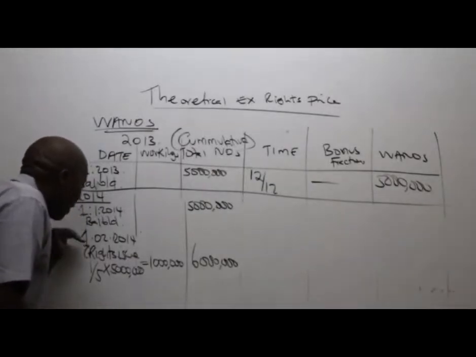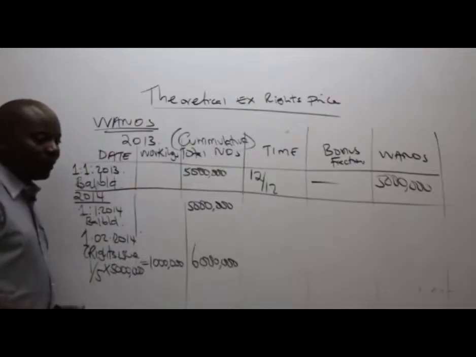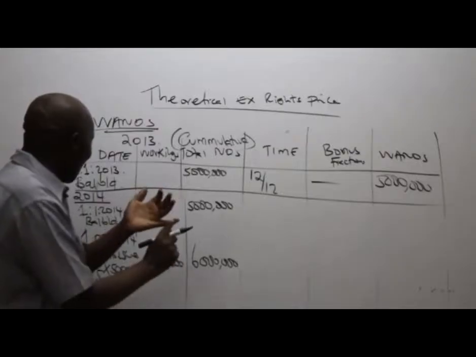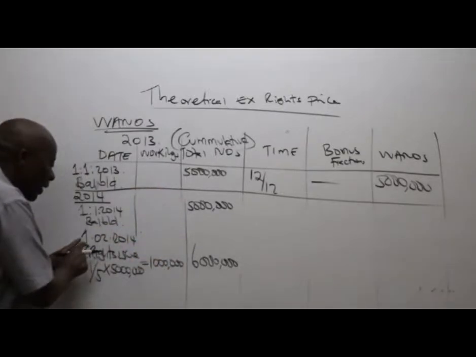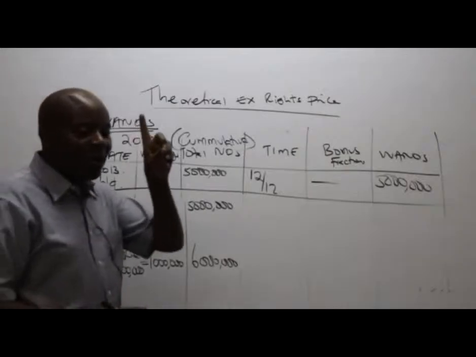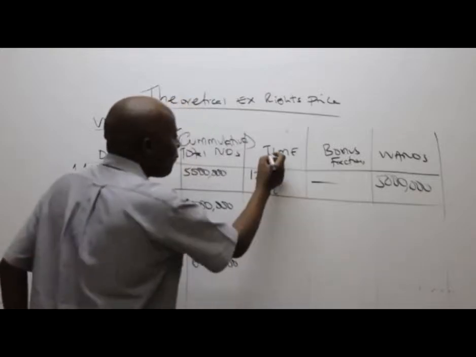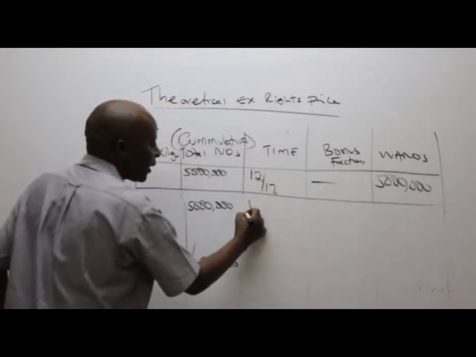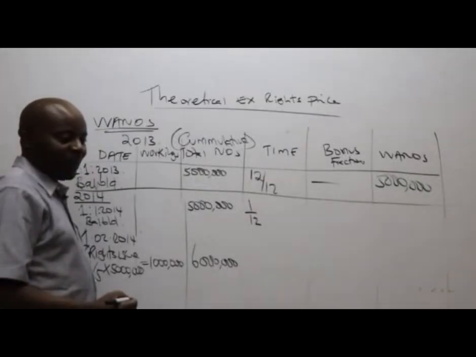How many months do we have in between? So we have here January. Don't count February because this happened at the beginning of February. So it's only how many months? 1 month. So here for the time fraction, I will say it is 1 over what here, somebody? 1 over 12. Isn't it true?